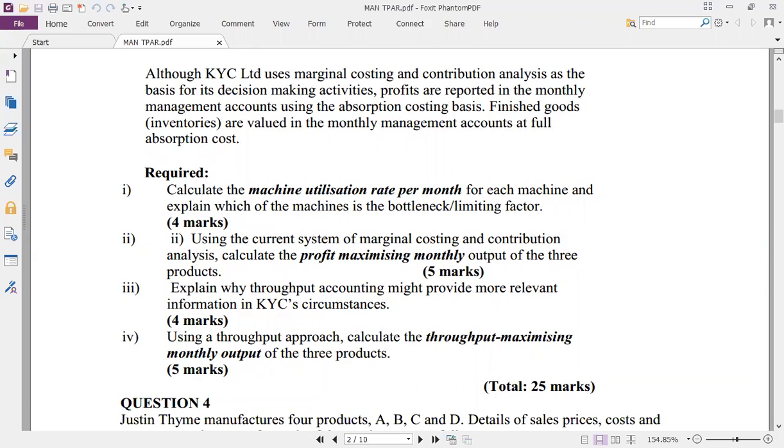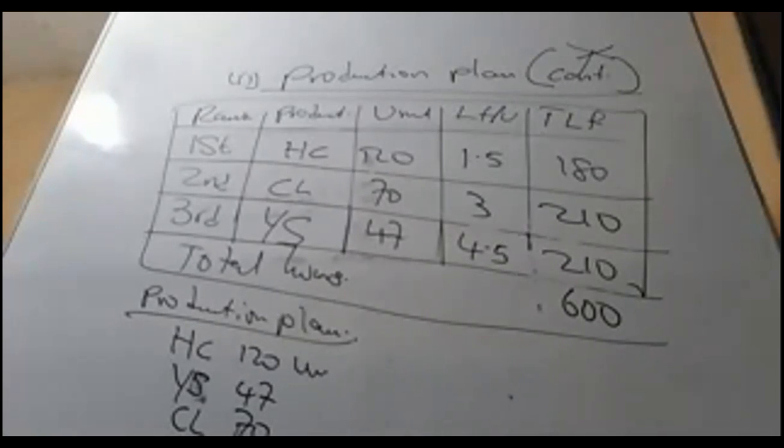The last one states that using the throughput approach, calculate the throughput maximizing monthly output. So that is the second part. Using throughput, the same procedure again.